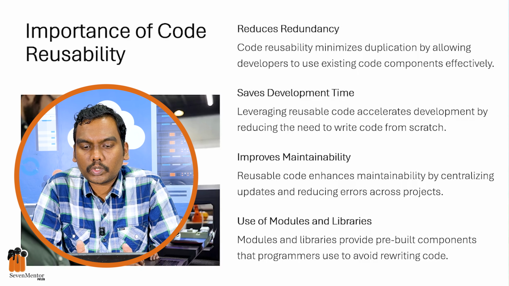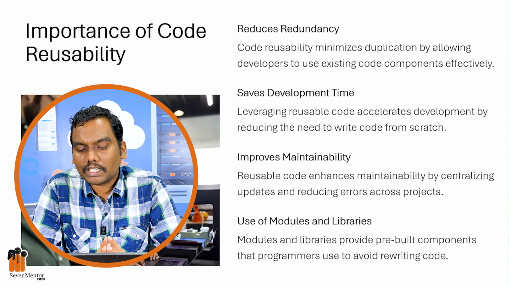Next is saves development time. While defining any function or creating any class, it definitely takes some time. With the help of different modules and libraries, it will save our time. Next, improves maintainability. Once you create one module or library, you can reuse it again and again, and it is very easy to maintain that file as well.